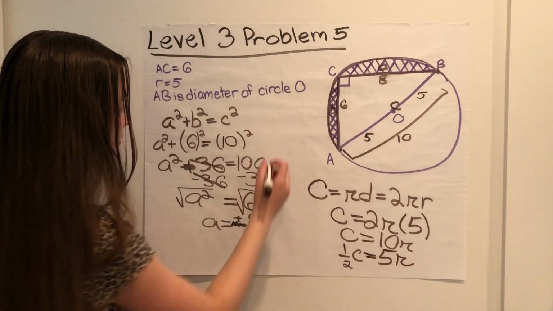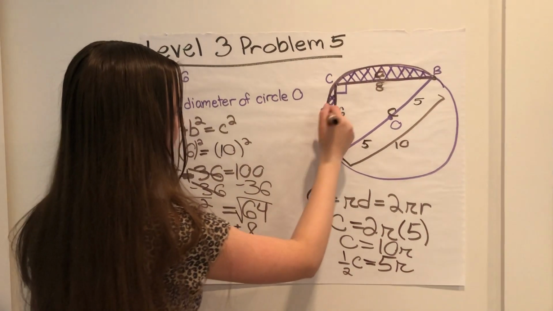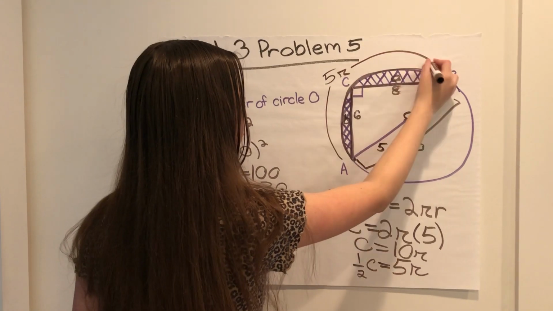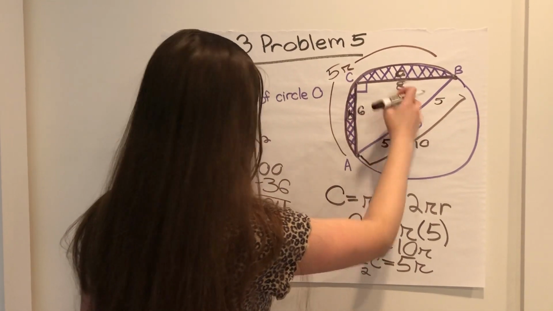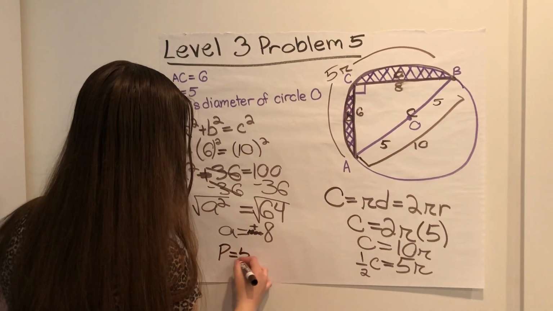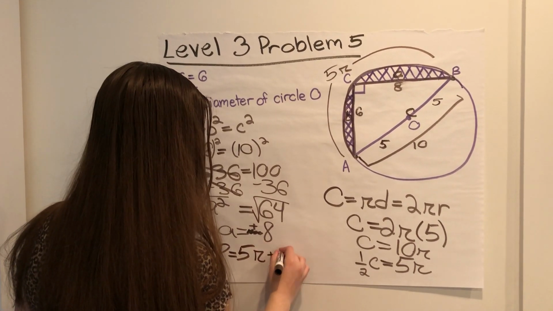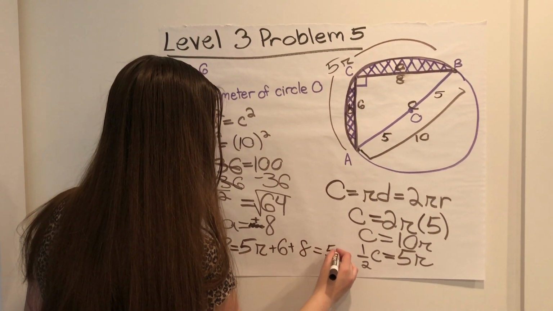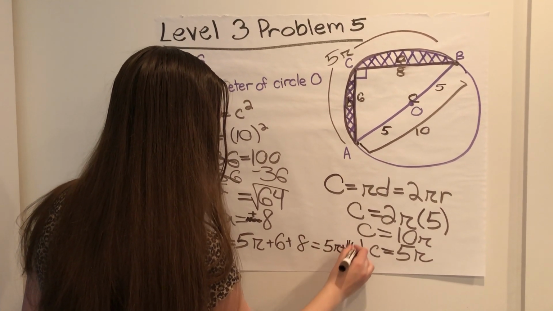And so now I have my perimeter being the 5 pi portion here, plus 6, plus 8, so perimeter, P, equals 5 pi plus 6 plus 8, which equals 5 pi plus 14. And that's our answer.